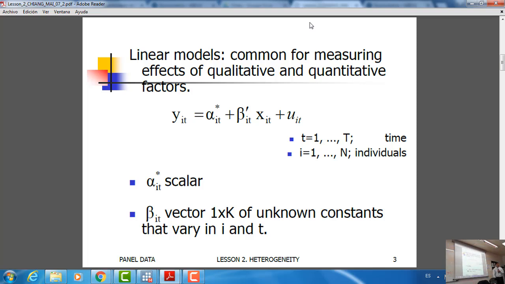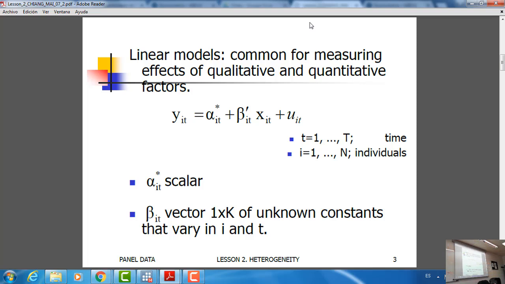Too much what? Observations? No, the observations are capital T times capital N. But here there are no capital T's, no capital N. So what is alpha_it? The constant.